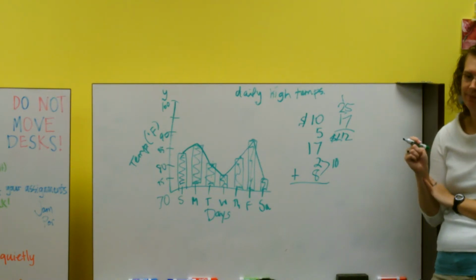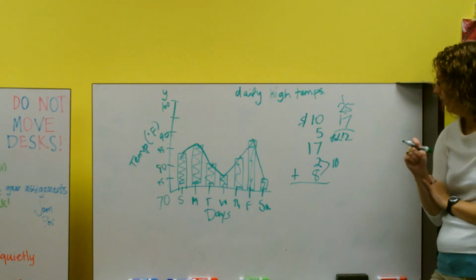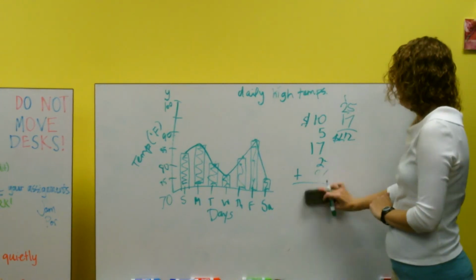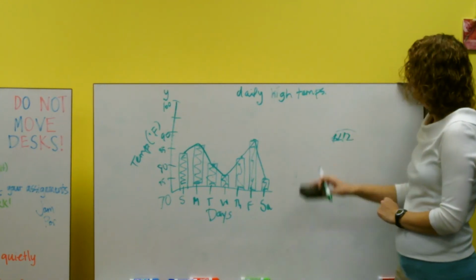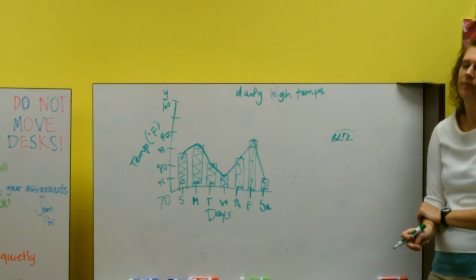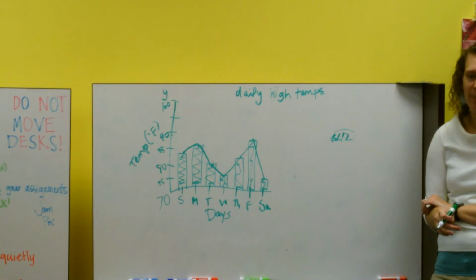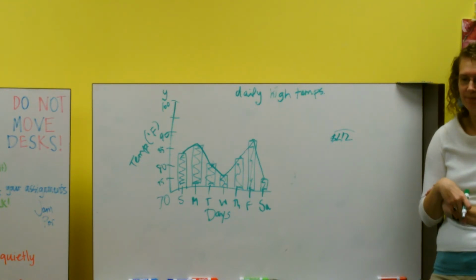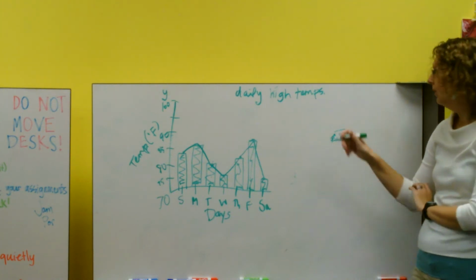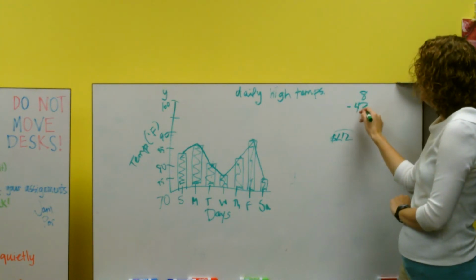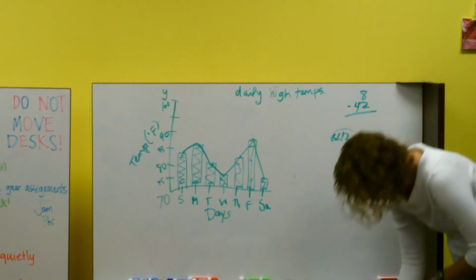Adding it all up, let's just erase everything but 42. What do I do next? Subtract 42 from what? From 8. I want to take 8 minus 42. The other way.